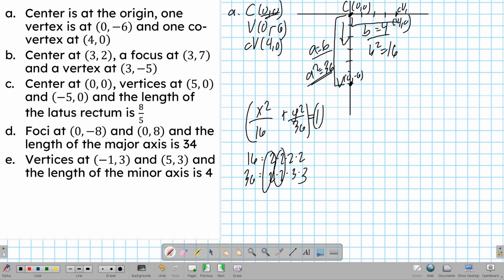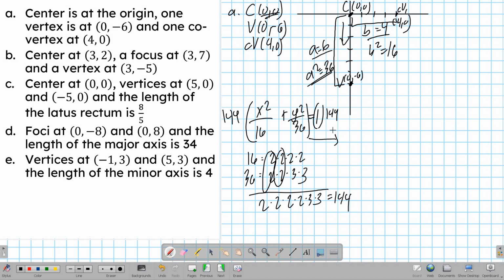So once we get these, that's 2 times 2, the GCF, times 2 times 2 times 3 times 3, this actually solves to 144. So we can multiply both sides of the equation by 144.